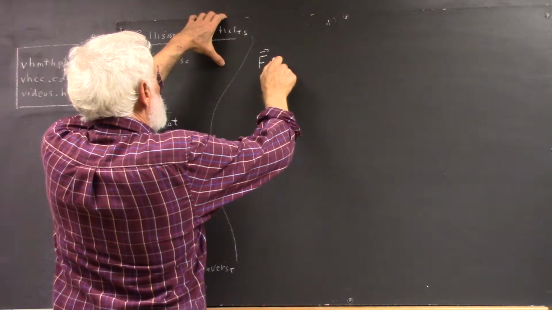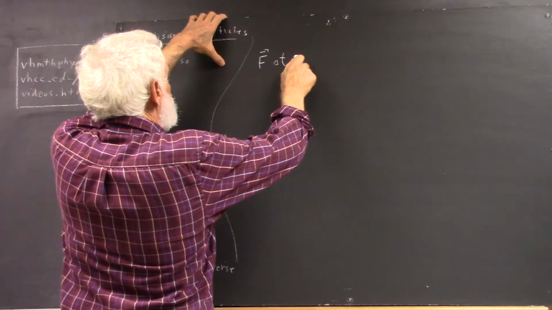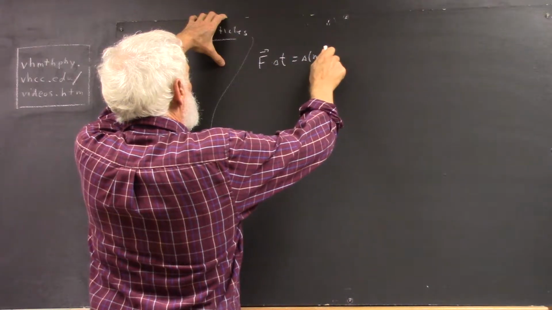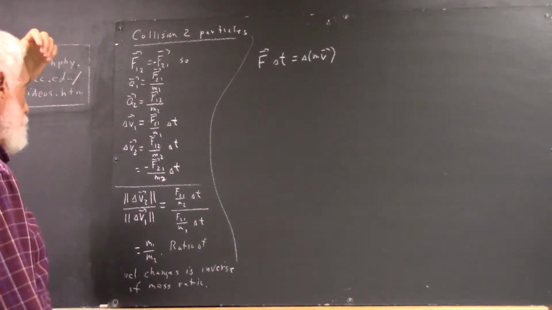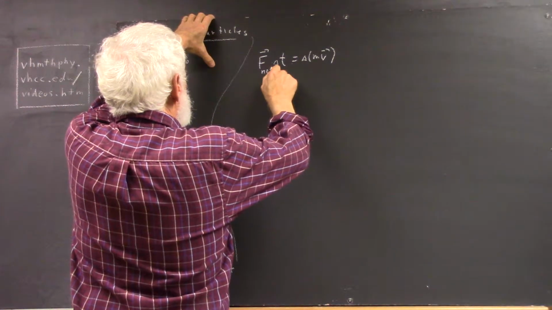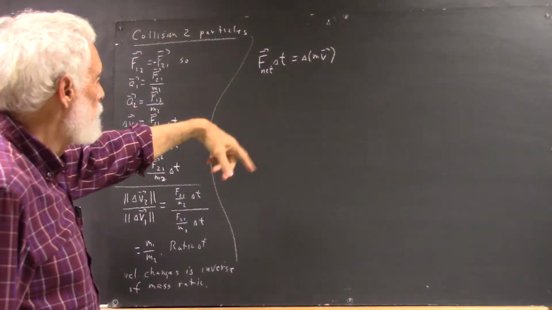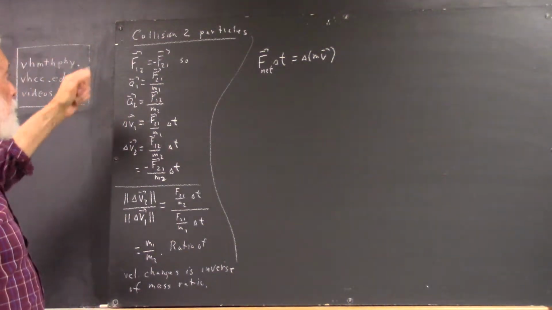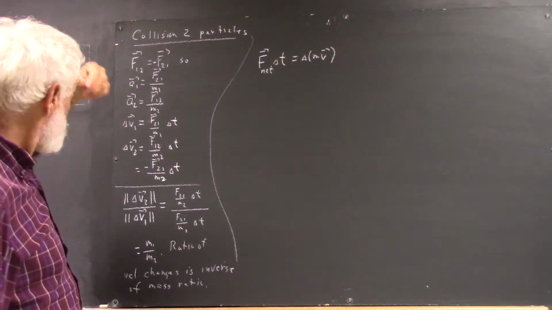So from this we can conclude that the net force multiplied by your time interval is the change in mv. We actually have that for either of our masses.